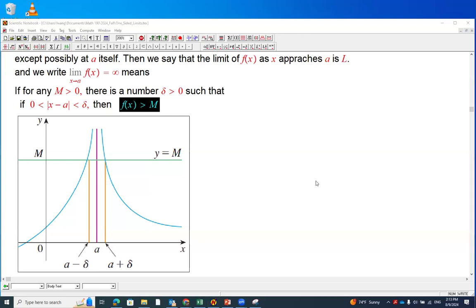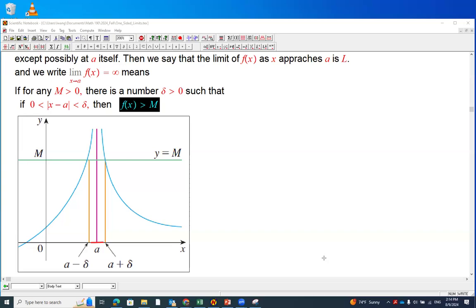I can always have an interval in the neighborhood of A. So the output can be as high as possible, or larger than your M. And this can be done for any M of your choice.